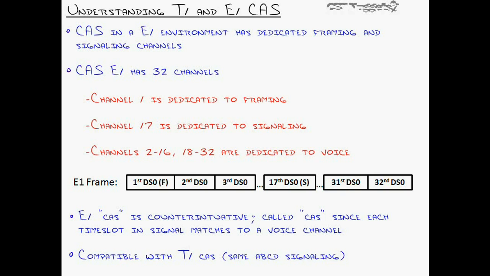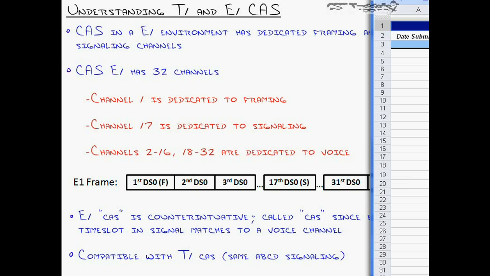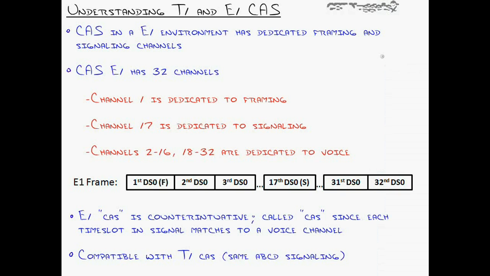E1 CAS, I almost say there's no such thing. There is, but when I think of E1 CAS, I don't really think of any benefits. Like in T1, the reason robbed bit signaling is so great is because I now have 24 DS0s. Each one of those conversations, I can use every single one of those 24 DS0s for voice.